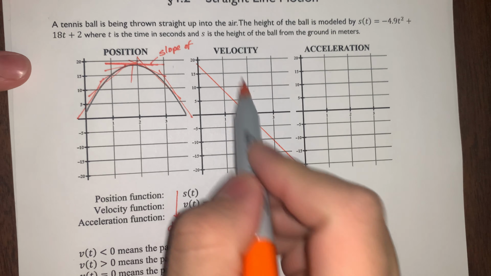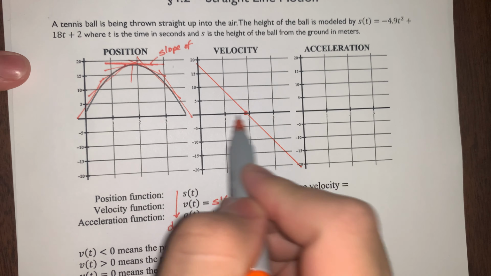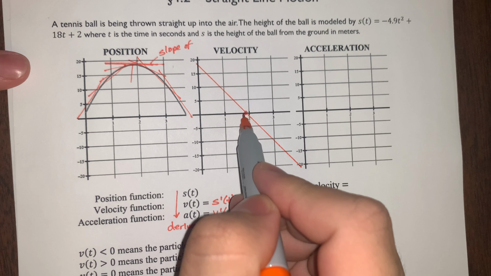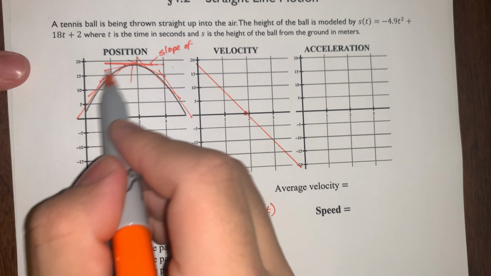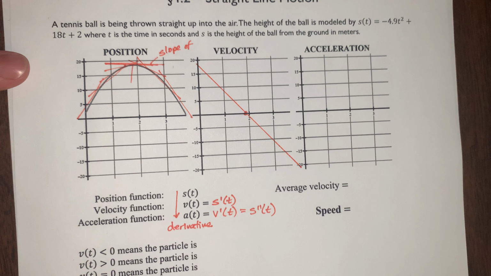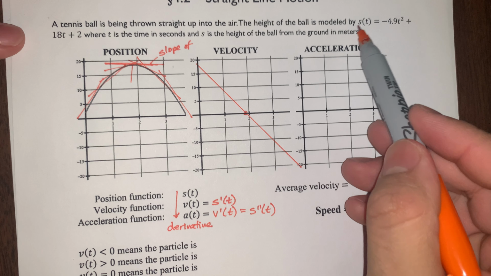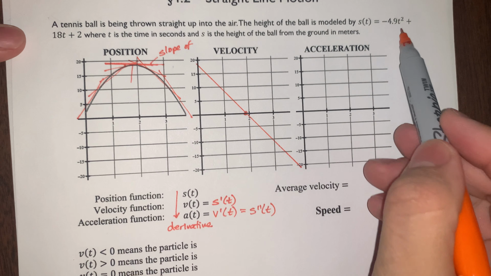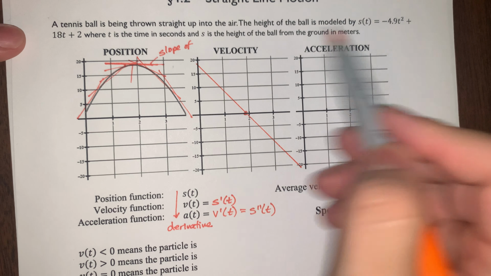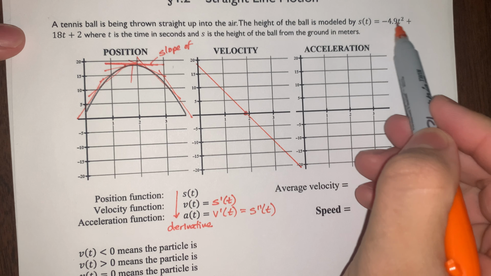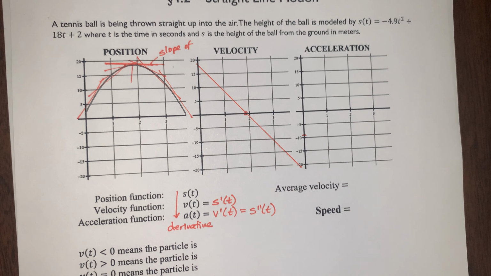So the velocity is positive to the left of this value, and to the right of this value the velocity becomes negative, and that's all related to the slopes of that function. Now, for the acceleration graph, if I take the second derivative, the first derivative will be negative 9.8t plus 18, and then the second derivative will just be negative 9.8, a constant.